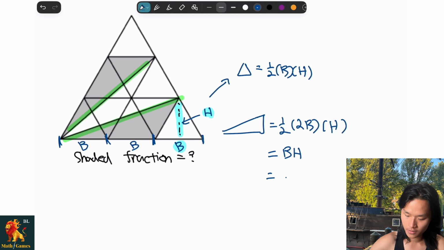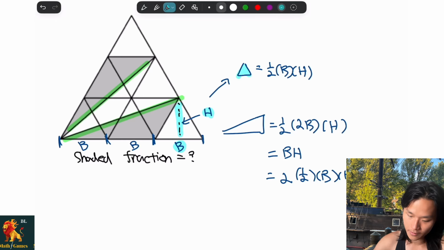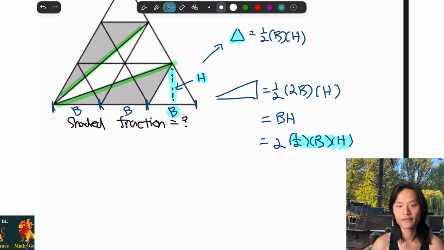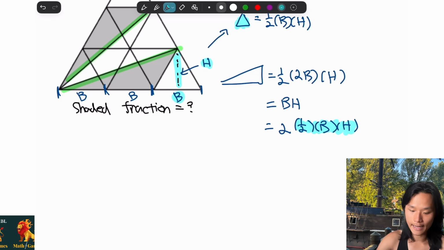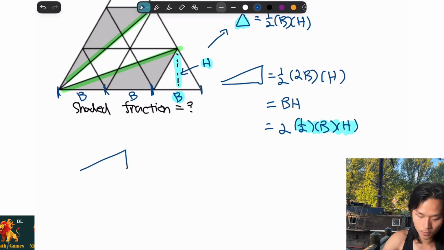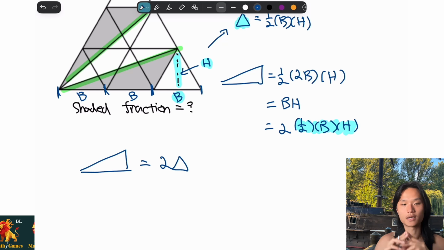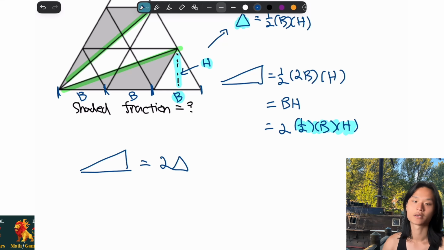BH is just 2 times half BH, which we find to be the area of one triangle. So here we have shown that this one slanted triangle equals 2 of these smaller equilateral triangles.